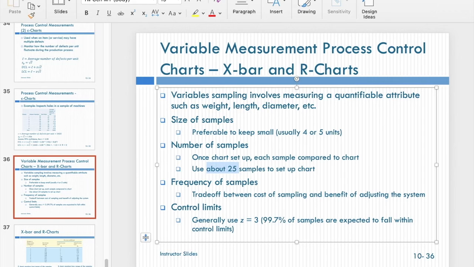The control limit. Generally we use z equals 3, z equals a certain number. Basically, normally we will use the 90% confidence level, 95% confidence level, or 99% confidence level. These 3 confidence levels are the standard confidence levels.